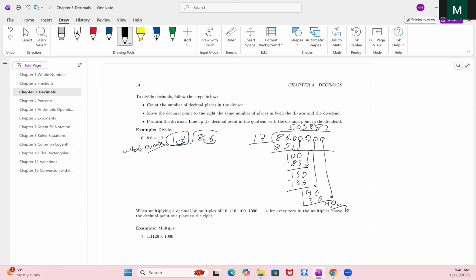Remainder is 6. Put another 0, bring it down. How many times would 17 go? 3 times. 3 times 17 is 51. So this continues. So this here is approximately 5.058823.